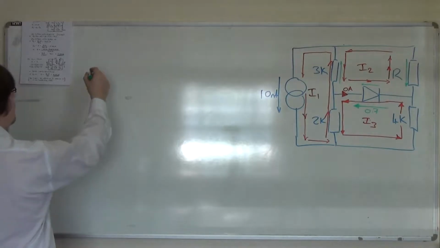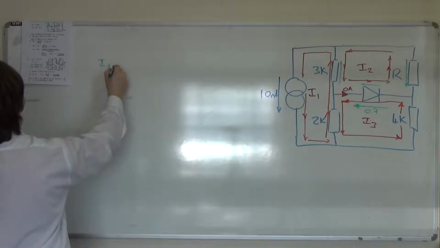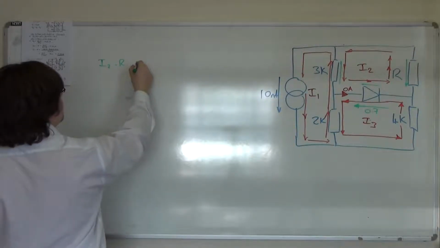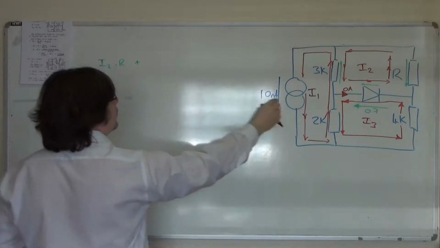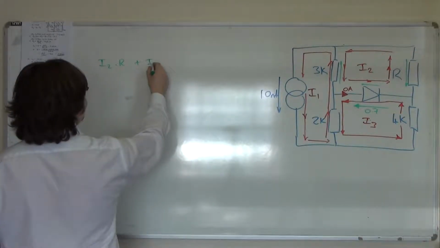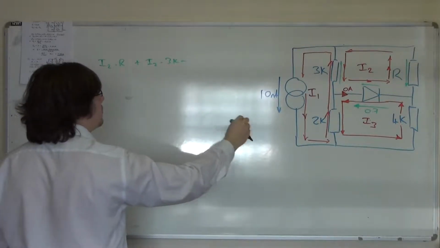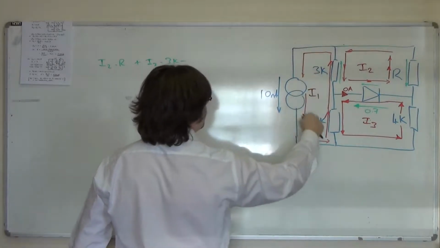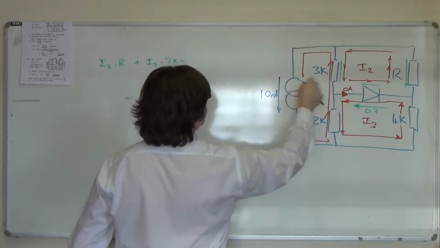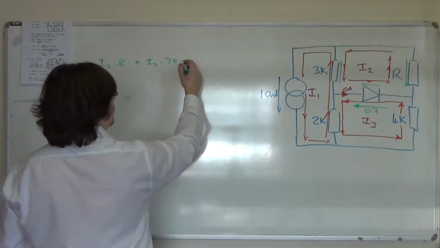So we'll do I2 times R plus, and I2 is the only current in R, plus I2 times 3K minus, because we've got 10 milliamps is I1 going up the page, so that acts to lower the voltage across the 3K due to I2.